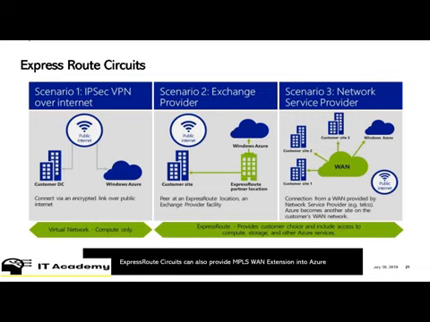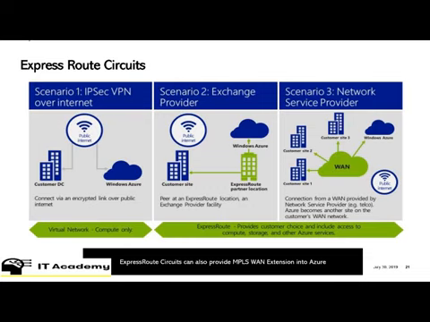Here, our express route circuit provider provides a dedicated connection from our physical premises or data center into their partner location, which is usually like an exchange type location. Then from that exchange connection, they have a dedicated circuit that they share with us into the Windows Azure Edge network.